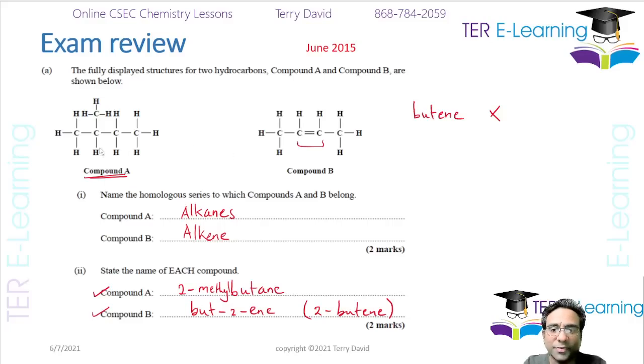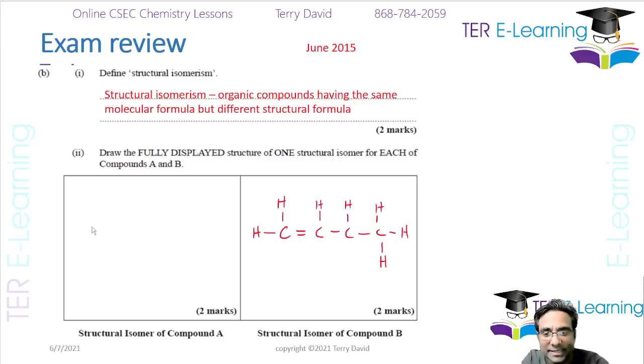In the case of compound A now, right? You want to draw an isomer of that. Now what they've drawn in compound A is a branch isomer. So what we can do, this has 1, 2, 3, 4, 5 carbon atoms. So all I can do here, or the easiest thing I would do here, is do this. 1, 2, 3, 4, 5, and just draw this.